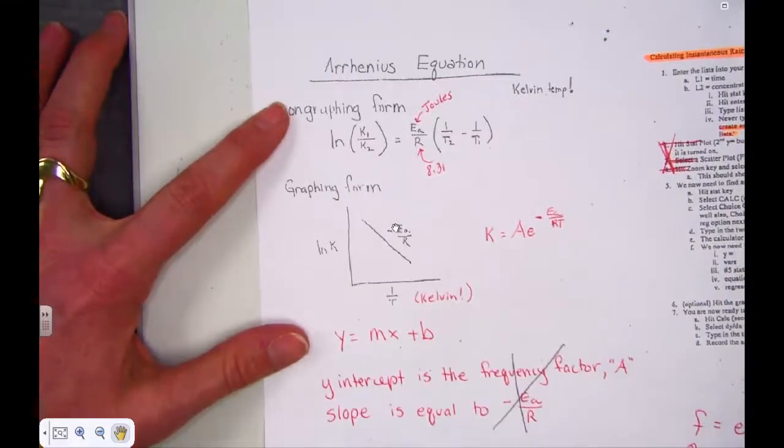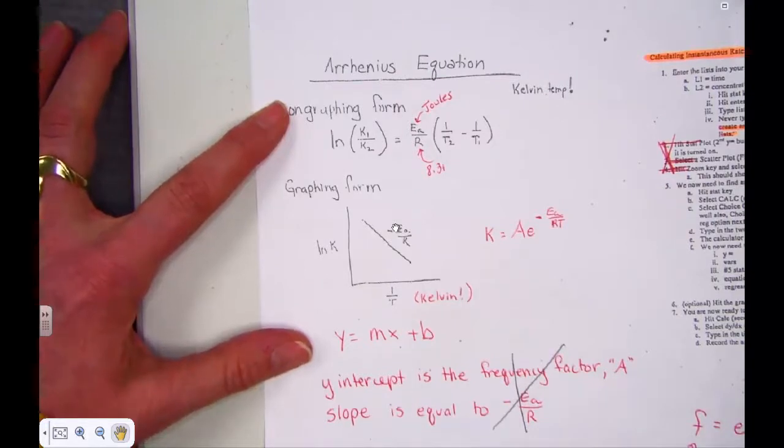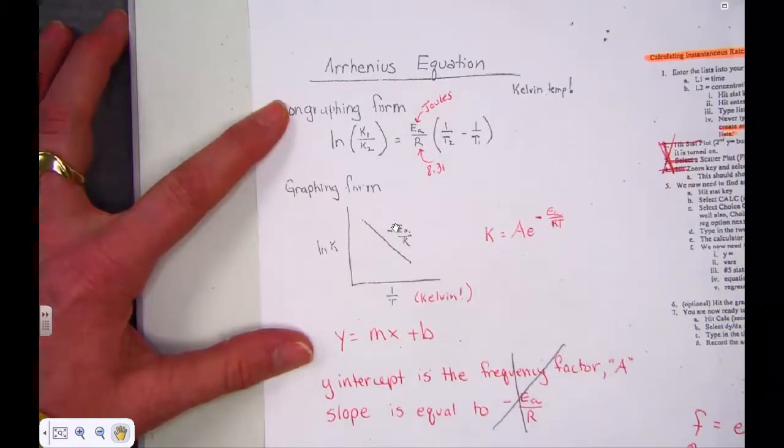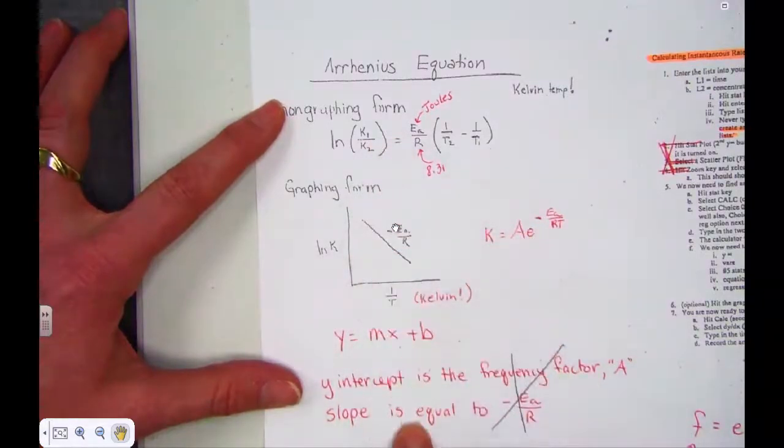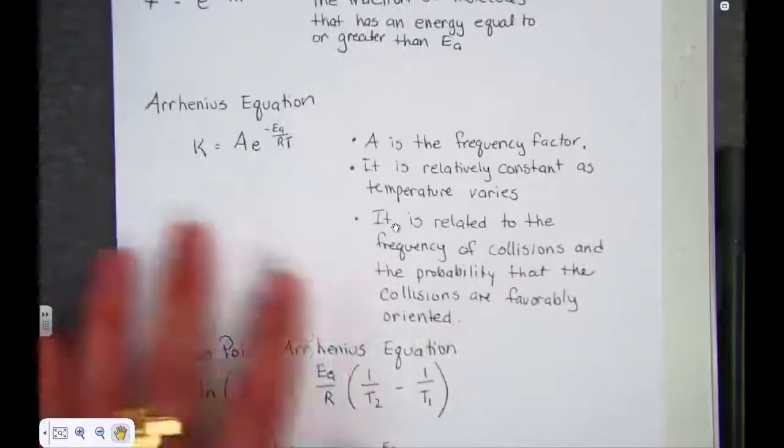The Arrhenius equation helps me to calculate how temperature affects the overall rate of a reaction and introduces some new terms to us as well, such as activation energy, the y-intercept frequency factor, and so forth. What I'd like to do is to take a clean sheet of paper and add on some important notes with you to our Arrhenius equation page.